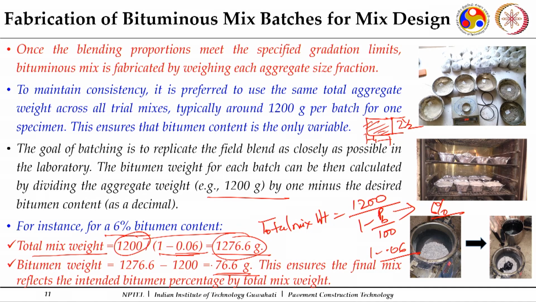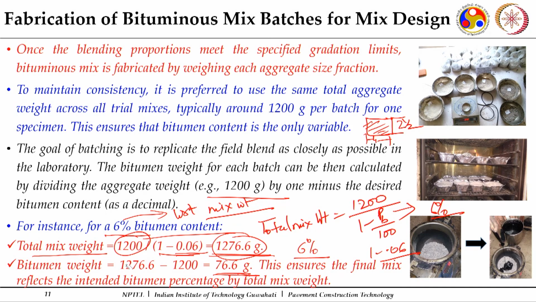So, if 76.6 grams of binder is there in 1276.6 gram of mix, then it makes 6% bitumen. I always prefer to have binder contents with respect to the mix weight. You can have it with respect to aggregate also, but for mix design computations you will find it easier to work with respect to the total weight of the mix.